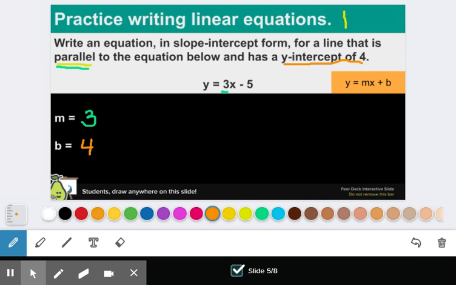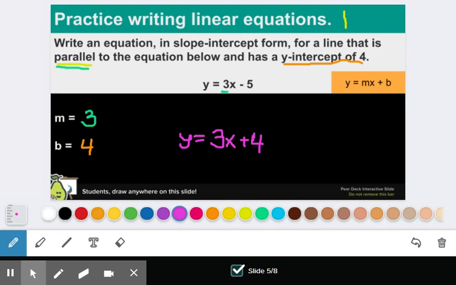And this is really familiar from here. You know how to do this. We've got our y equals. We know that our m value is 3. And then we have x. And then our new y-intercept, we're not going to write -5 because we're writing a new equation. Our y-intercept is going to be 4, and it's plus 4 because it's a plus in our original equation.